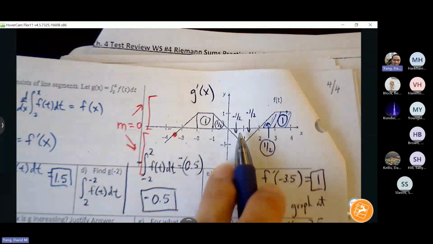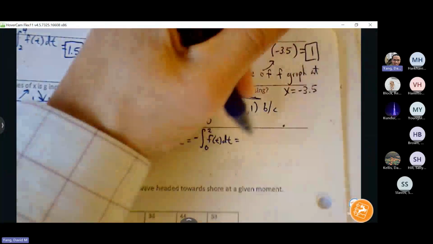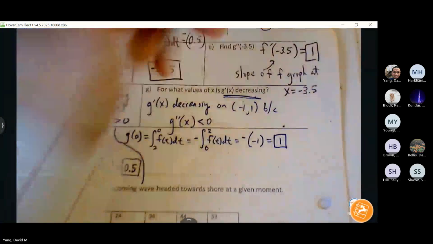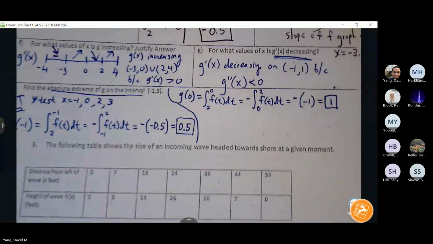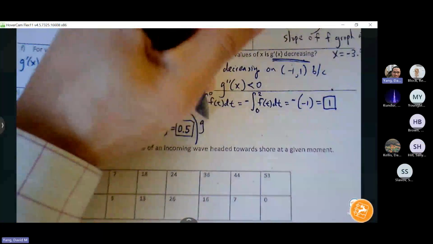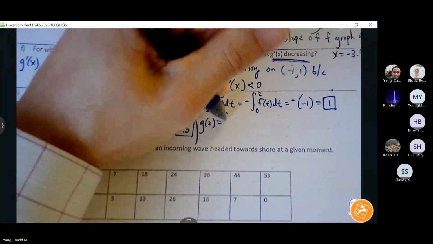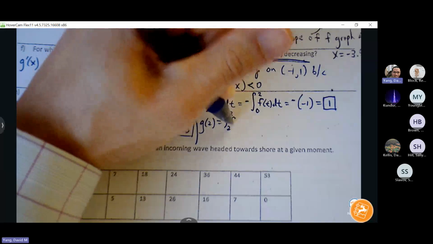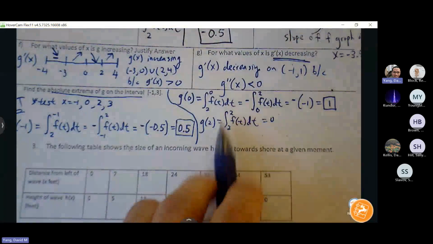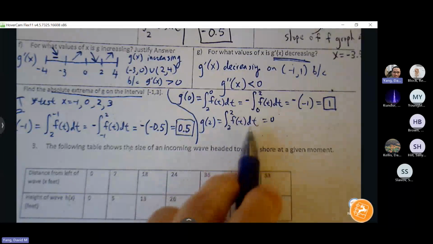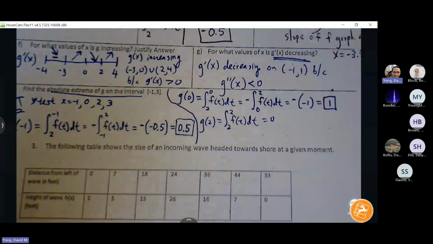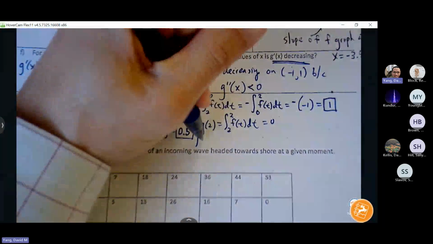It's -1, right? With a negative outside. All right, next up, G of 2. What's nice about this one? It's equal here. Yeah. Whenever the bounds are the same, I know it's going to zero out. There's no work to do there. That makes it nice. Next up, G of 3.